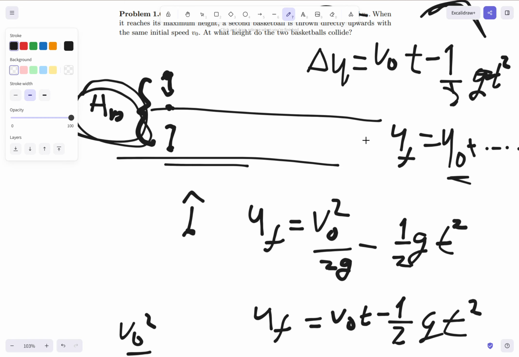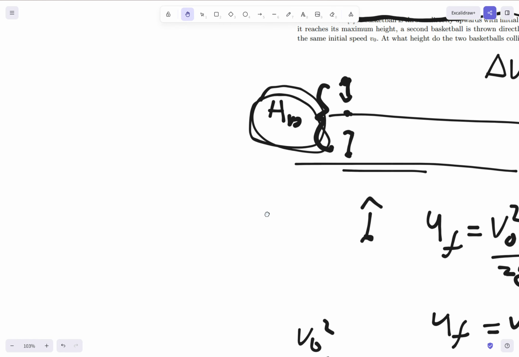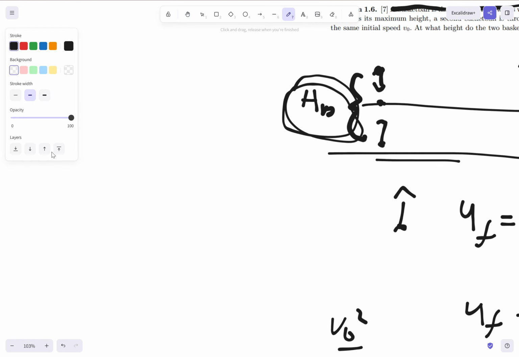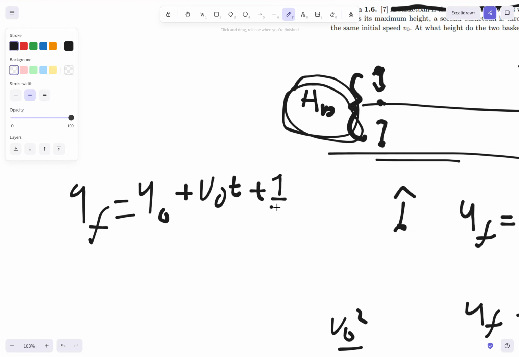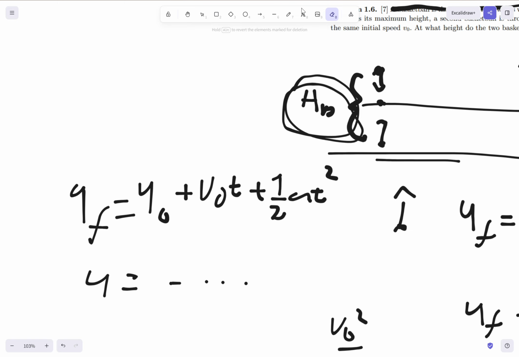The first thing I want to emphasize, since I don't think it was very clear in the other videos, is this is a full formula. The final position of the ball equals the initial position of the ball plus V O T plus 1/2 A T squared. Sometimes I just write y equals and ignore this term, but this term does exist. When I write y, I mean delta y.